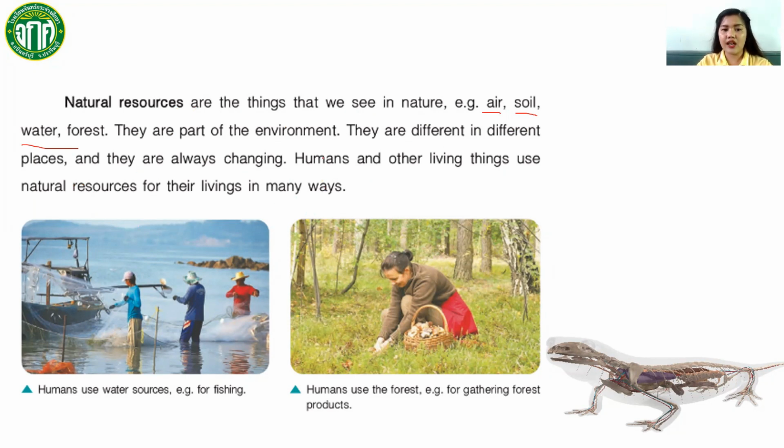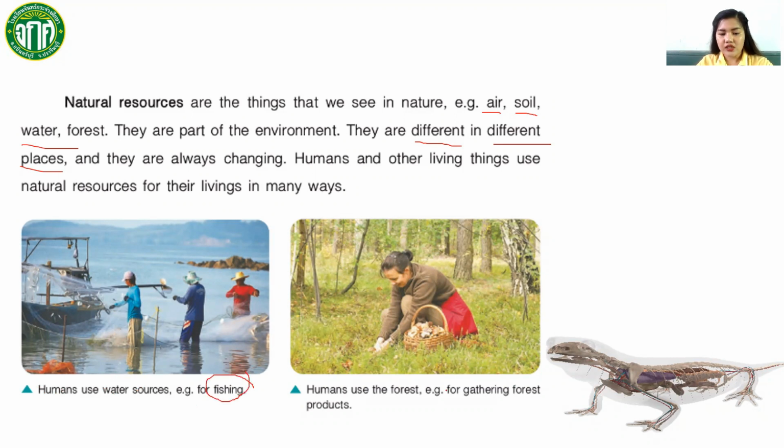Okay, so these natural resources are different in different places. Let's say, for example, this one is a water resource, while the picture here on the right is the forest resources. So here, humans use water resources, for example, for fishing.